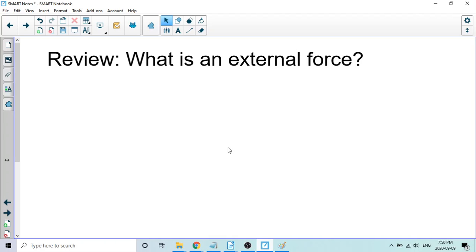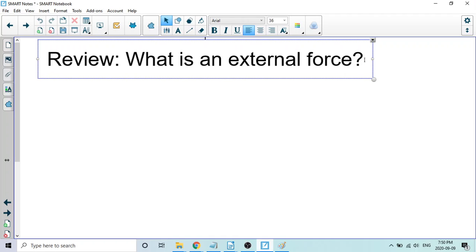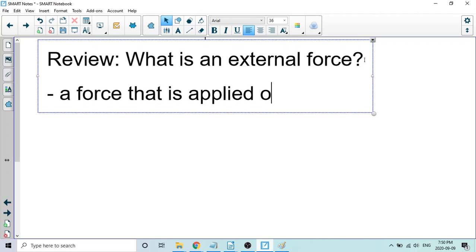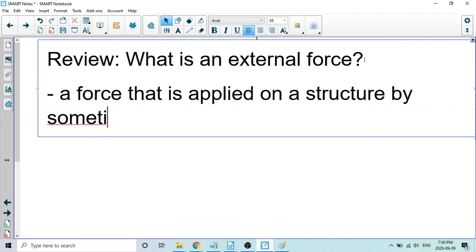Two more to go. As I've started the last few lessons, let's talk about what an external force is. As I'm sure you're sick of hearing me say, it's a force that is applied on an object or on a structure by something else.